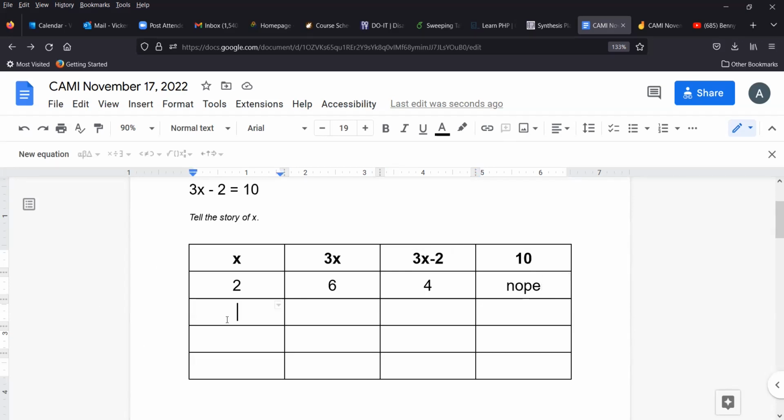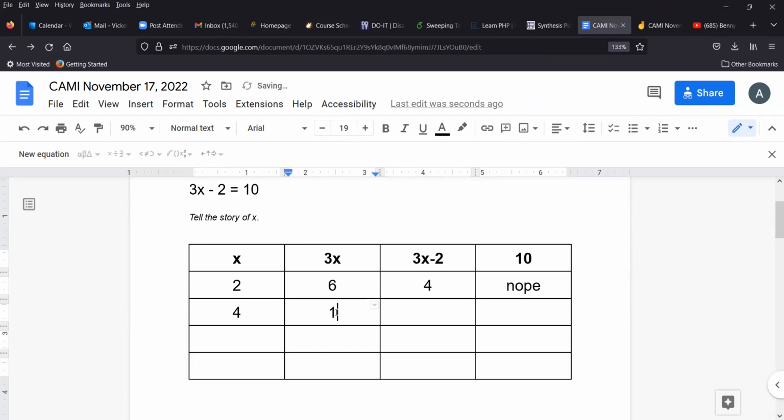Can I say, how about X equals 4? X equals 4. Yes. Okay, let's do it. If X equals 4, then what does 3X equal? 12.